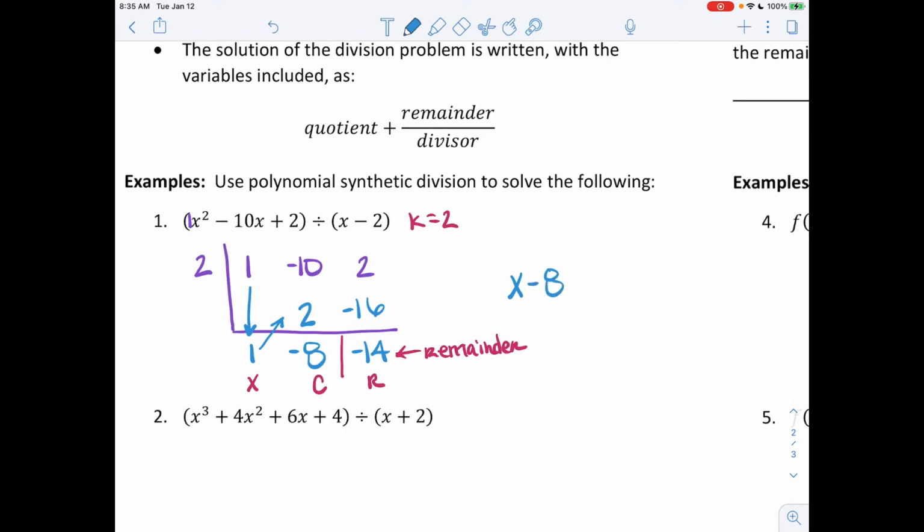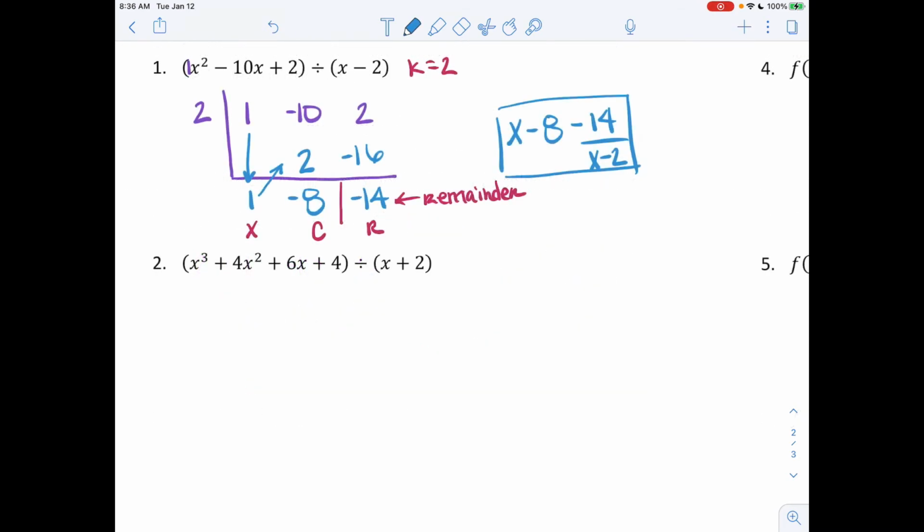And then minus 14 is our remainder here. But remember that the remainder needs to be written over the divisor. Our quotient plus remainder over divisor. So our divisor was x minus 2, and this is our final answer.